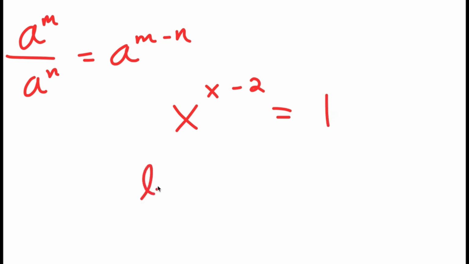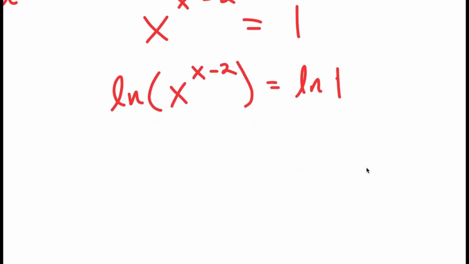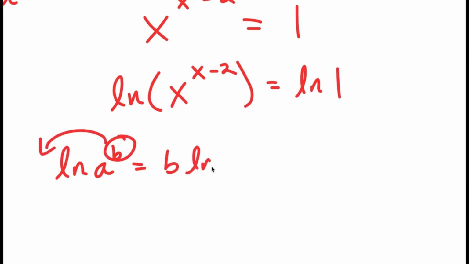Now I'm going to take the ln, or natural log, on both sides. So I get ln x to the power of x minus 2 is equal to ln 1. Now, if I have something in the form ln a to the power of b, I can move this exponent b to the front, so this turns to b times ln a. So in this case, I can move x minus 2 to the front.